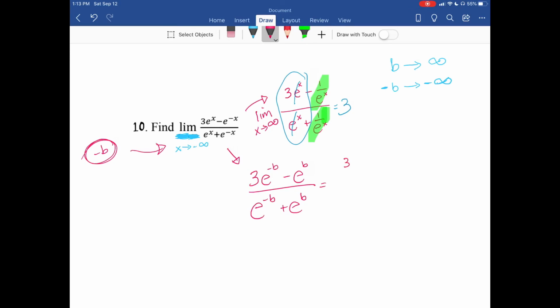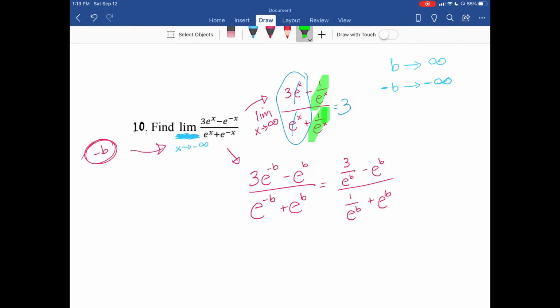So we're left now with 3 over e to the b minus e to the b, because we are getting rid of all of our negative exponents, and then plus e to the b.